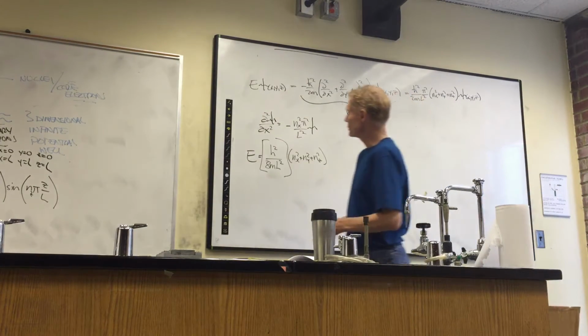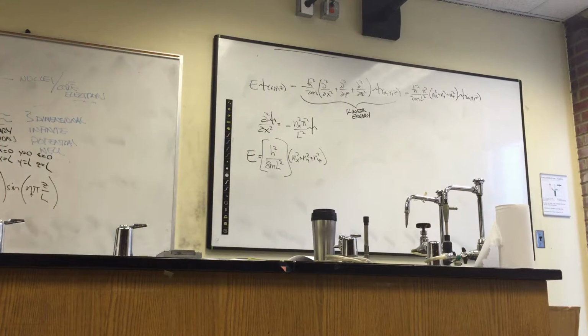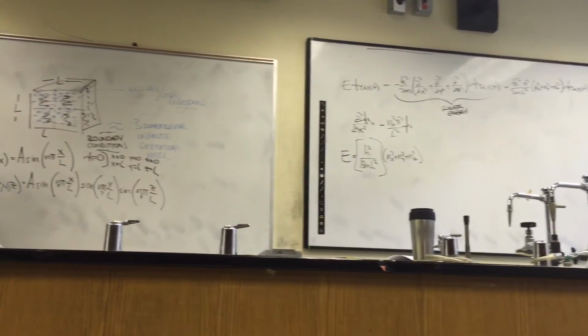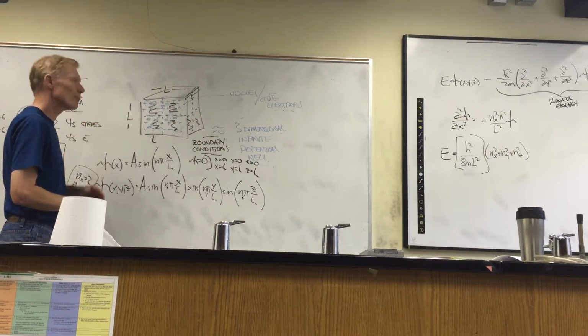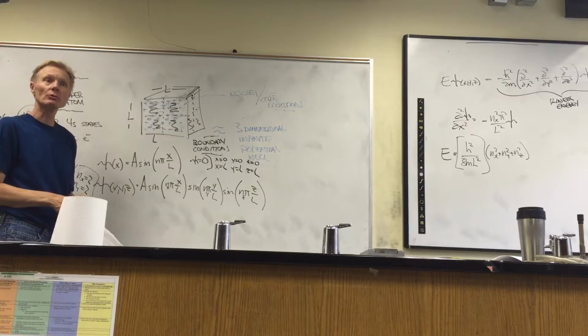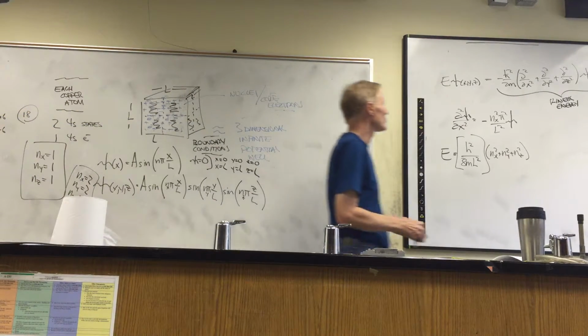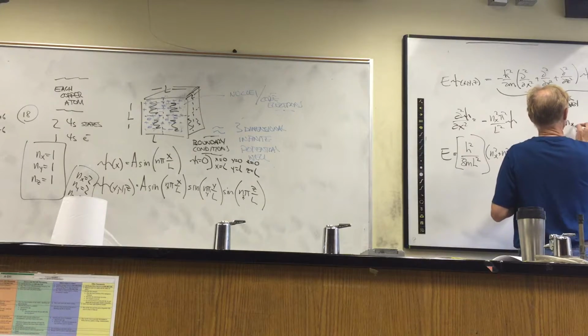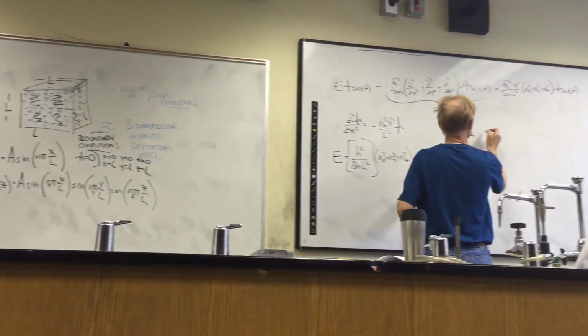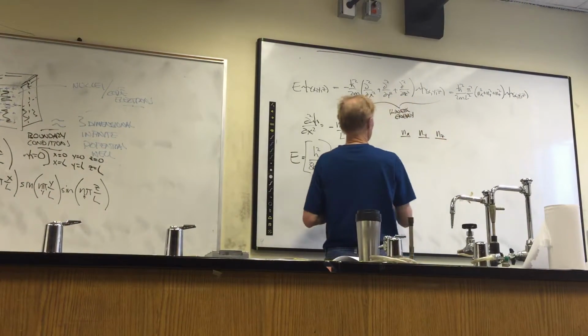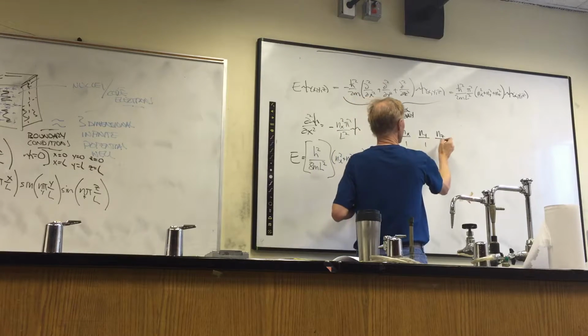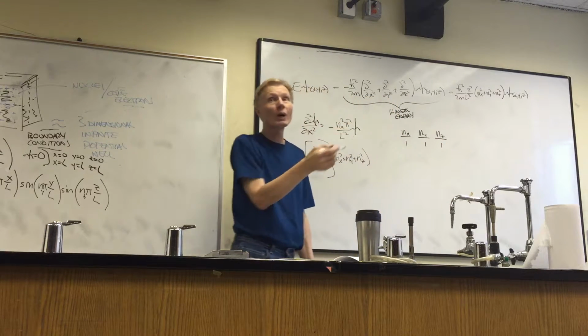All right, now the question is, how do I count all of the possible quantum states in 3 dimensions? Because it becomes a real problem in counting nx, ny, nz. What are the possibilities for these 3 quantum numbers? Well, it could be 1, 1, 1.